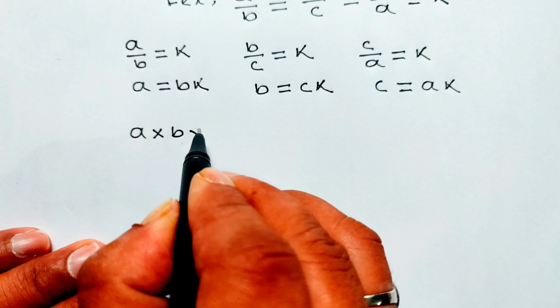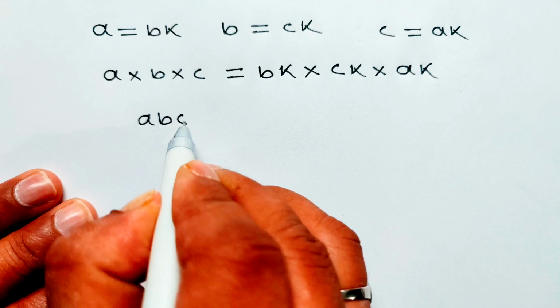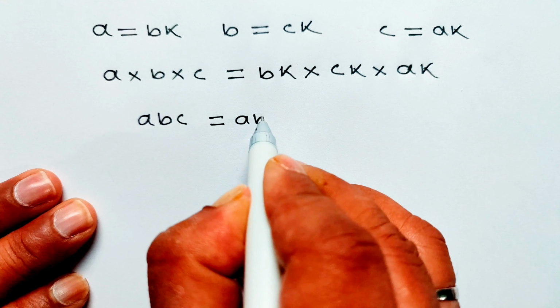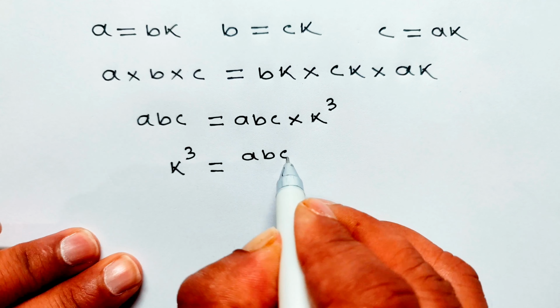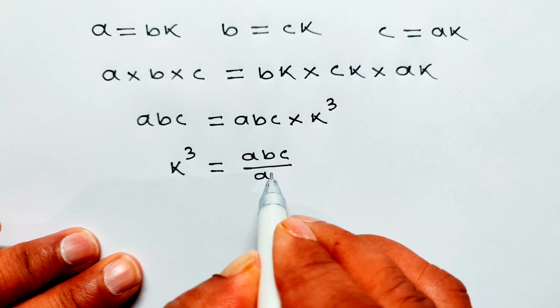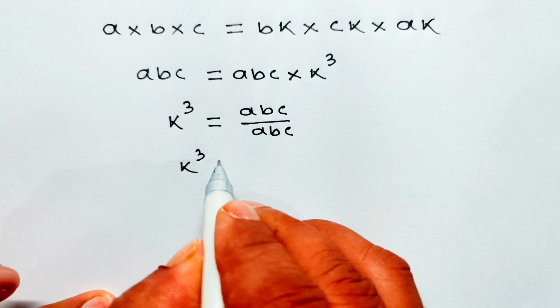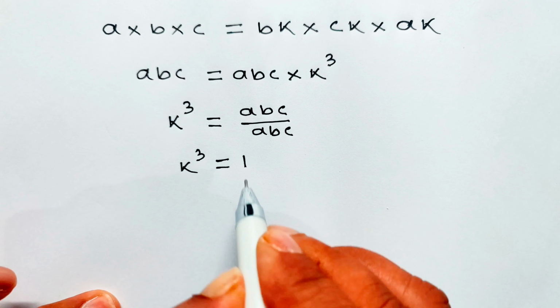Then ABC equal ABC into K cube. Then K cube equal ABC divided by ABC. Then K cube equal 1.